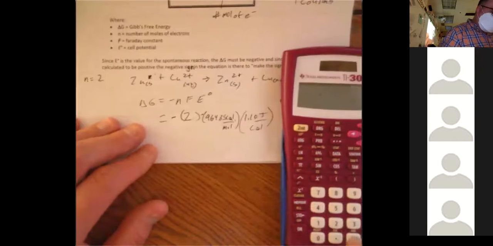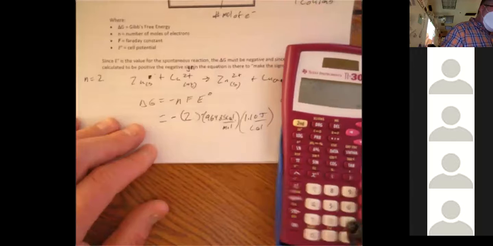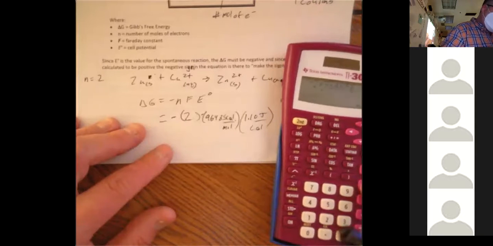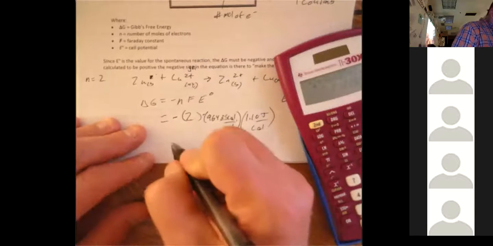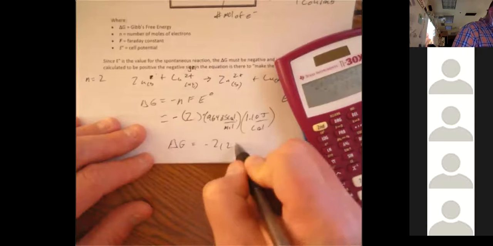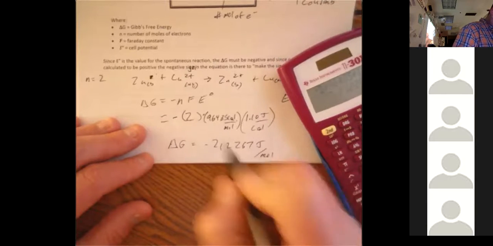Let's take that -2 times 96485 times 1.10. We get delta G equals -212,267 joules per mole.